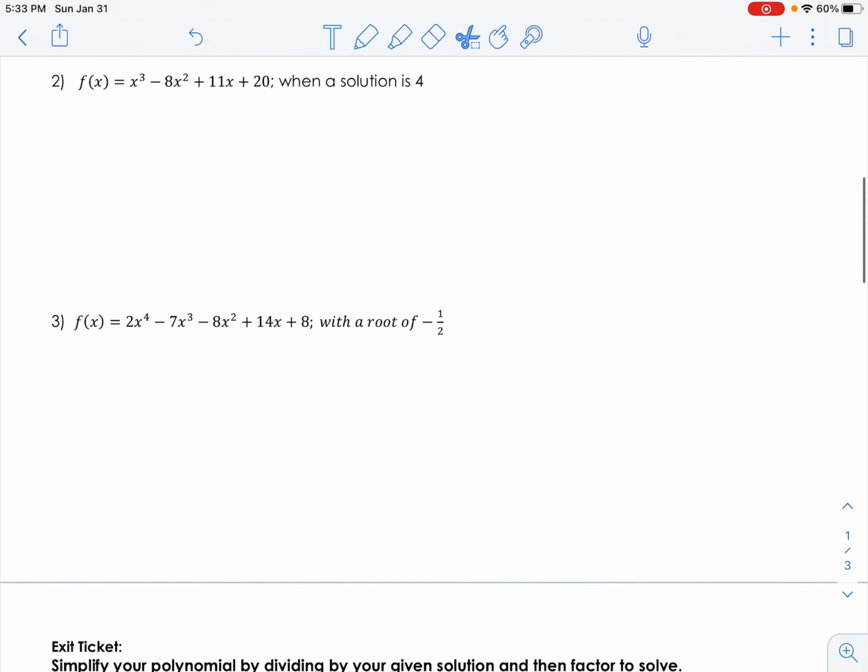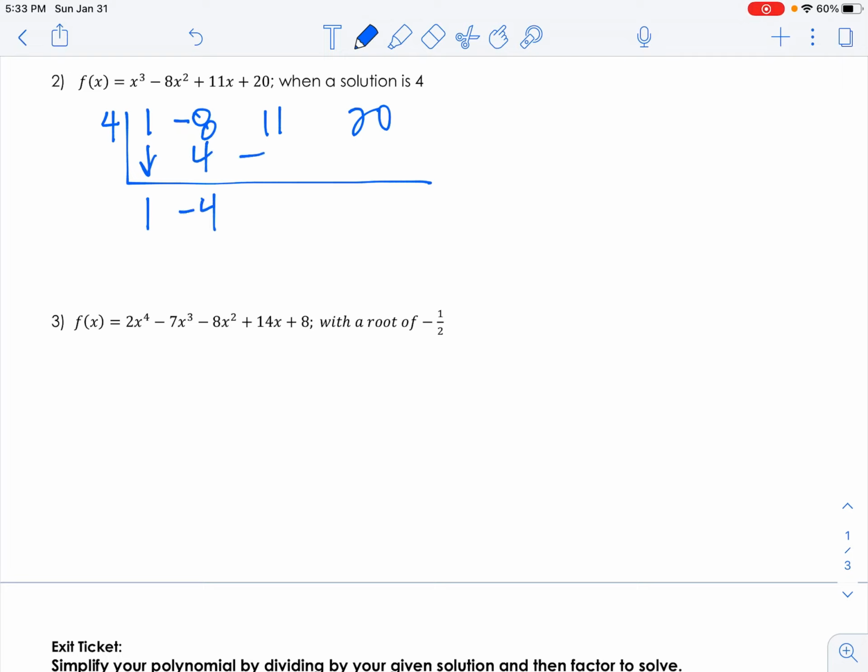Okay, number 2. Our solution here is 4, so I'm going to divide out a 4. I have 1, negative 8, 11, and 20. Multiply and add. Multiply and add.